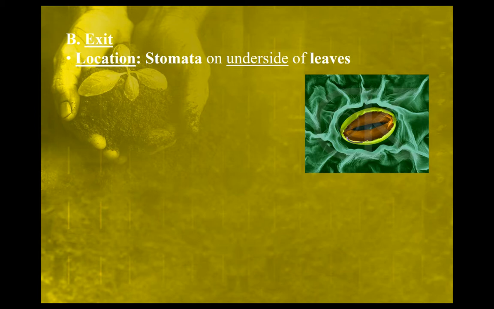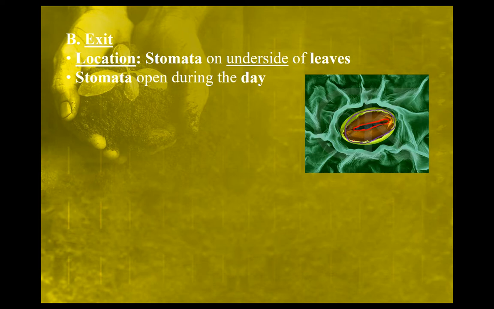You can think of the lips, and there's a little tiny gap here. So this little red gap is like an open mouth. If the stomata is open, then water can leave. If the stomata is closed, it cannot leave.